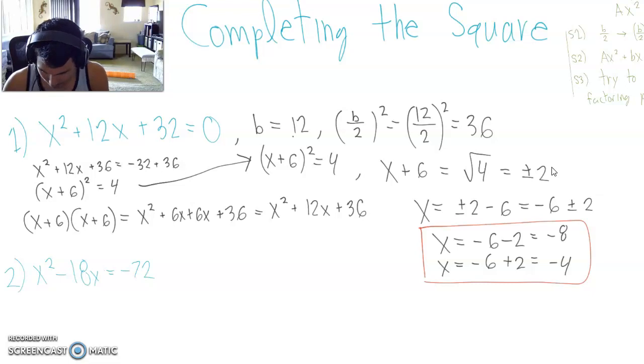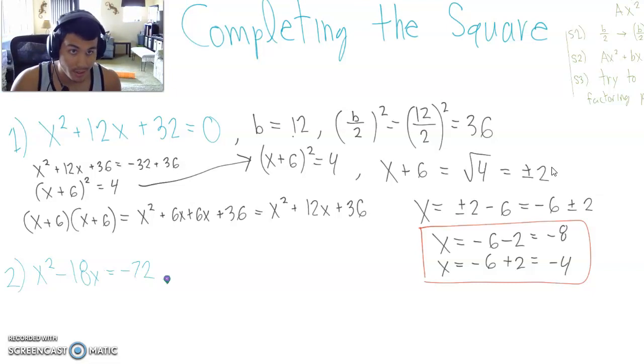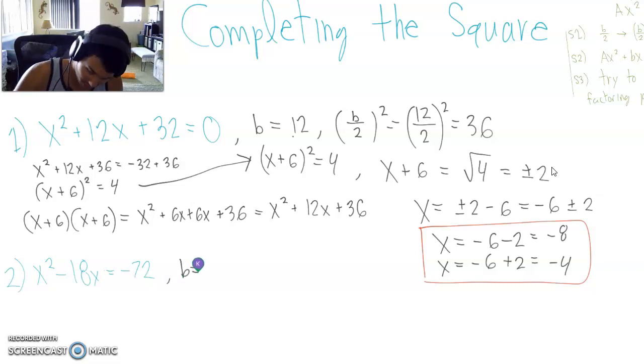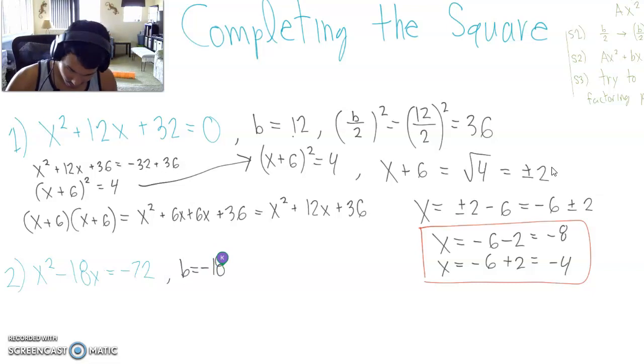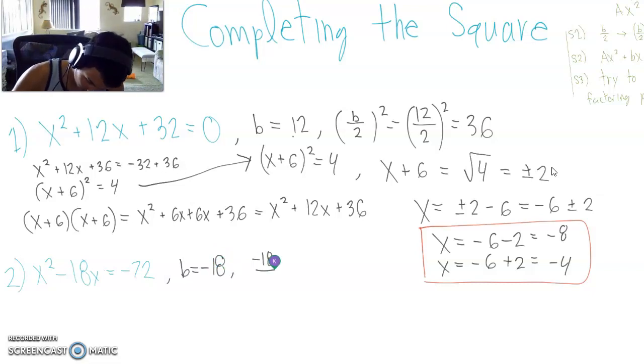Okay. So we got x squared minus 18x minus 72. You're like, oh, what is b? Well, remember when I said if b has a negative coefficient? Well, remember that b is a negative coefficient. It's not going to be 18, it's going to be negative 18. Then what does that turn into, right? You go negative 18 divided by 2 squared.